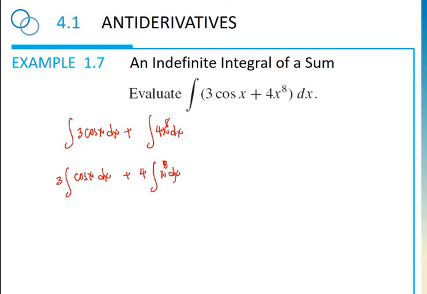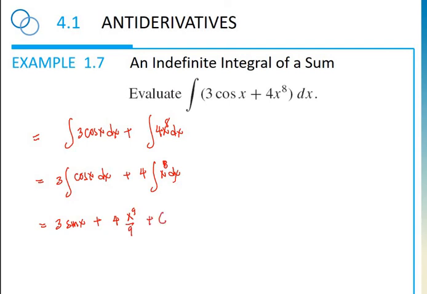What's the integral of cosine? By definition it's going to be sine, so let's keep going. This is going to be what? 3 sine of x, and now we get rid of the dx because we're doing an integral, plus 4 times, and this one is going to be what? x to the 9 divided by 9, by using the rule, plus c.